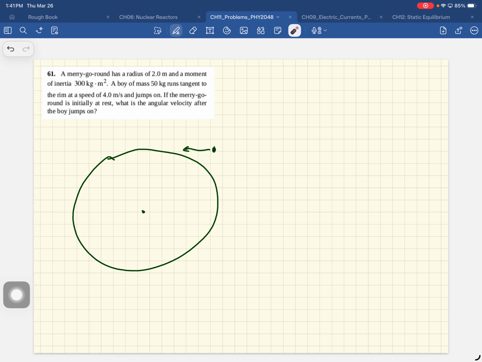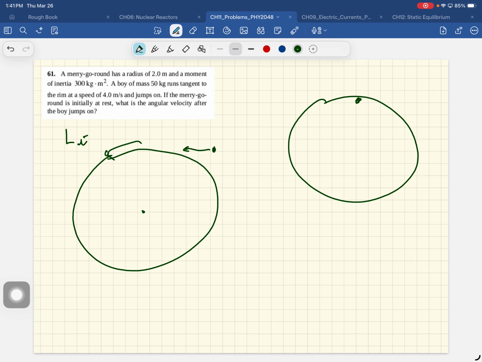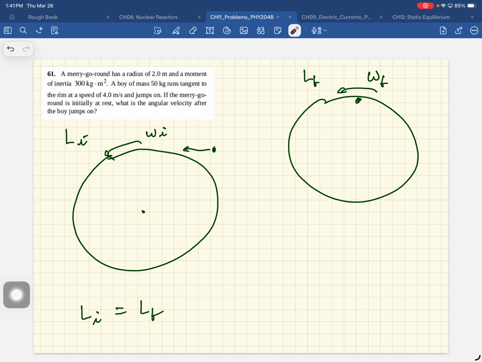So L final will be I final times omega final equal to L initial. So the angular momentum of the merry-go-round will be equal to that, and that cancels with that.